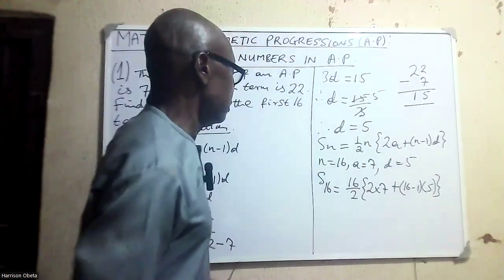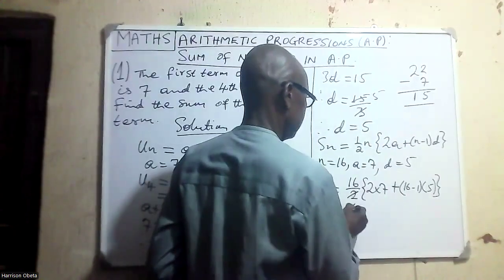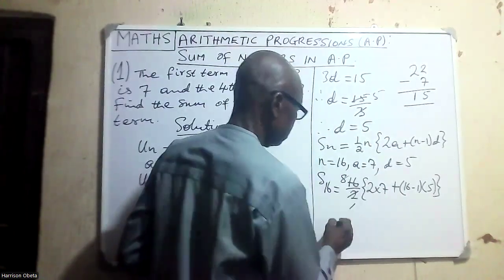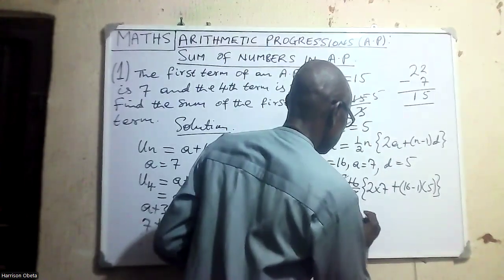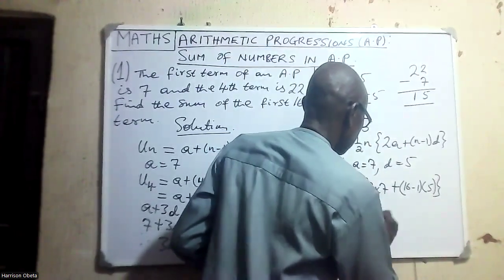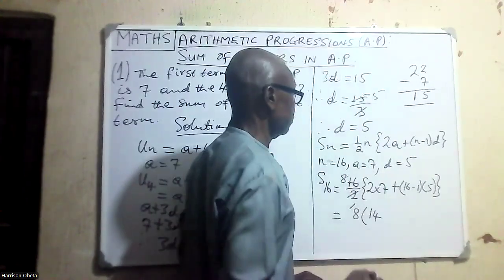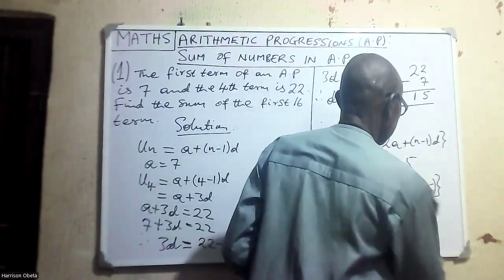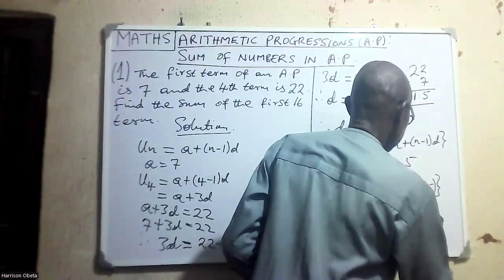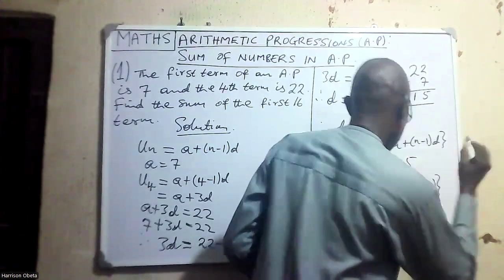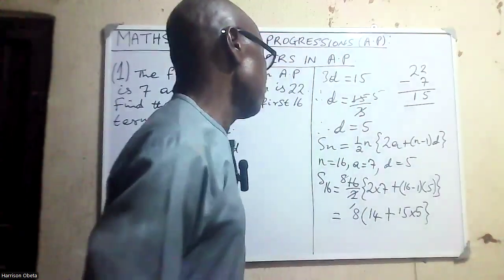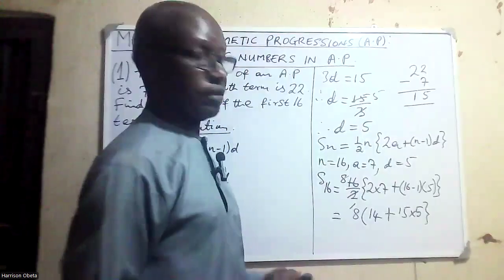And if you do that, we divide, this is 1, this is 8. And that will give us 8 brackets 14, that's 2 times 7, plus 15 times 5. And 15 times 5 should give us 75.